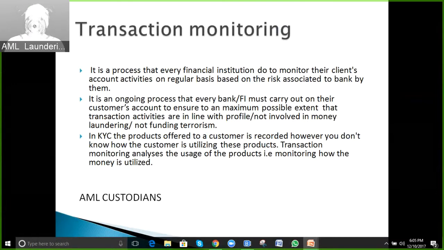Transaction monitoring is also based upon the products the clients use. So it analyzes the usage of the products, that is, monitoring how the money is utilized. Basically they will perform checks on the money in and money out concept. For example, in an asset investment organization, short-term trading is not allowed. It is illegal in nature in asset management.